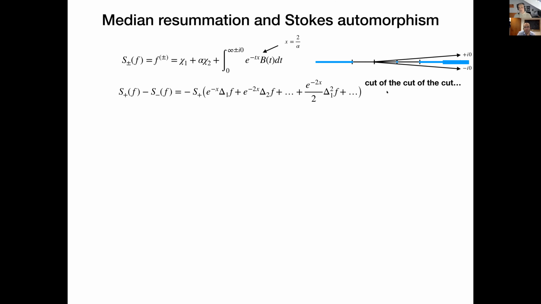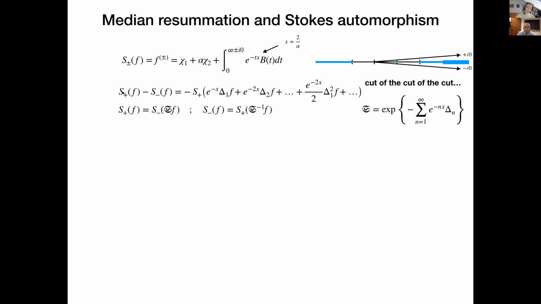And there is a nice theory behind which takes care of all of this. It goes under the name the Stokes automorphism. Once you calculate all the alien derivatives, you can express how this integral jumps once you cross these singularities.